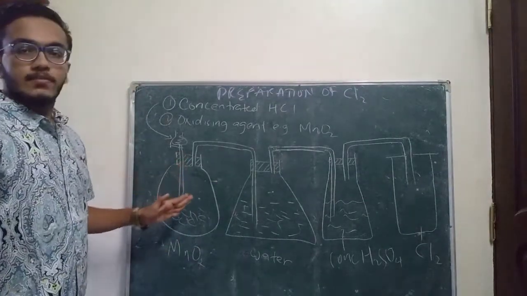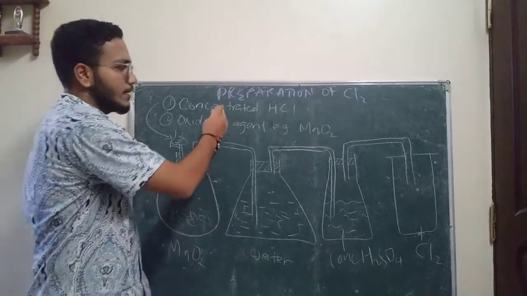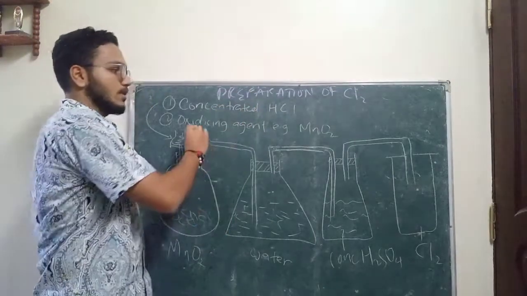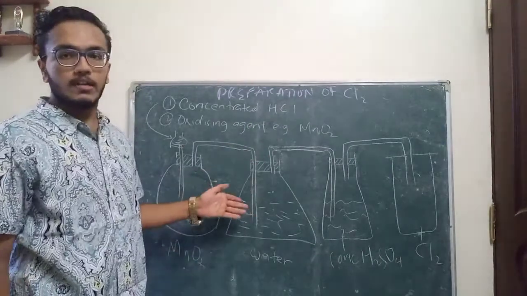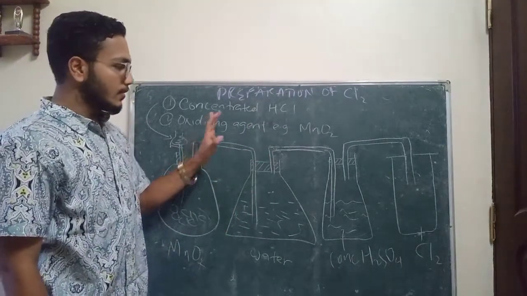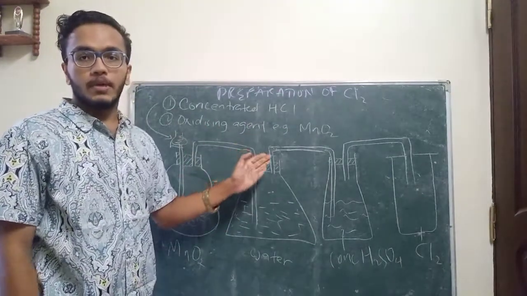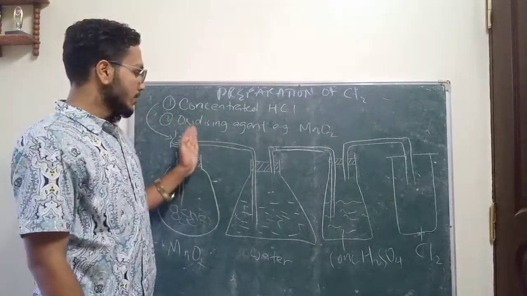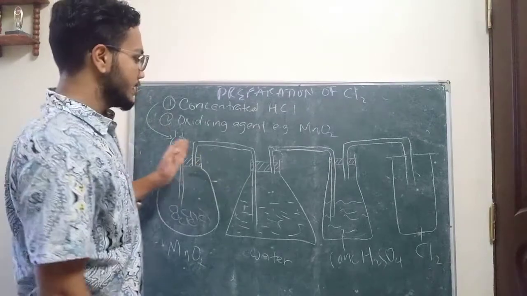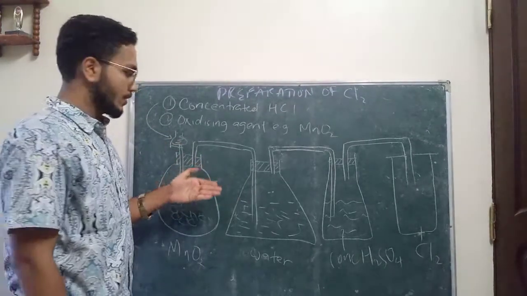The reactants for preparation are concentrated hydrochloric acid and an oxidizing agent such as manganese(IV) oxide or potassium manganate(VII). All this will be taught in the topic chlorine and its compounds, and it will be taught by me again. But I am just touching on this area so you know the preparation of chlorine gas.